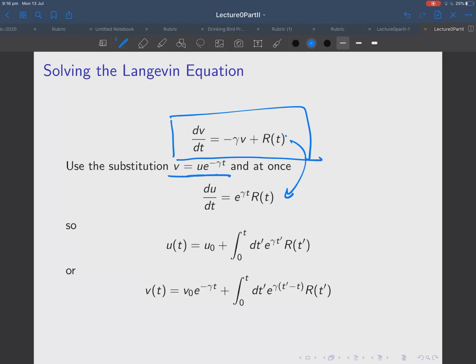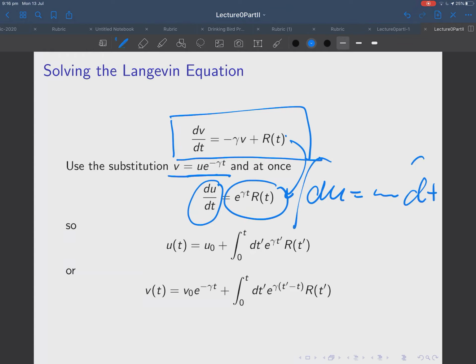Okay, so this side here is just du dt. This side is only a function of t. So we just do du equals blah, blah, blah, dt. We integrate it, which is what we've done here. Okay. And so we get a solution: u(t) is equal to whatever it started out at, u(0), plus the integral from 0 to t of r times exp of gamma t.